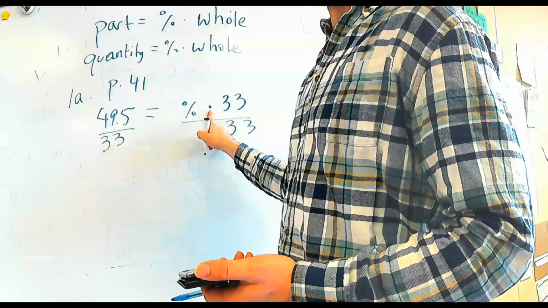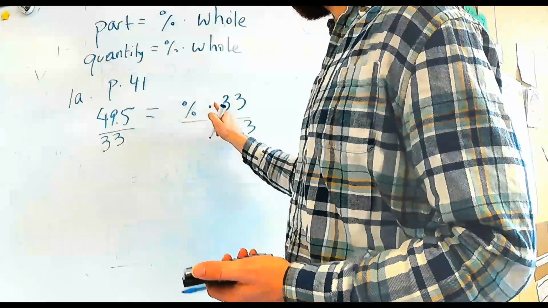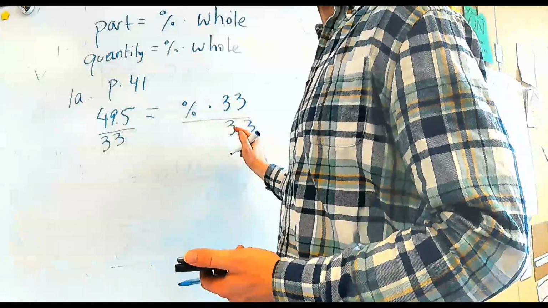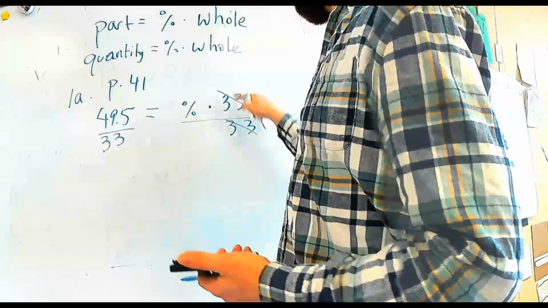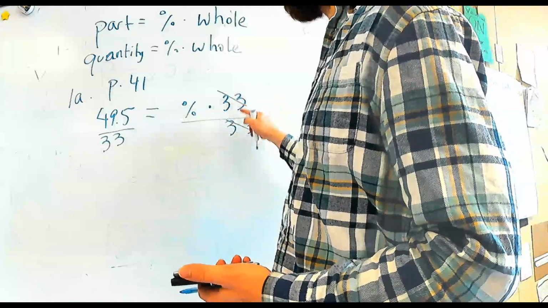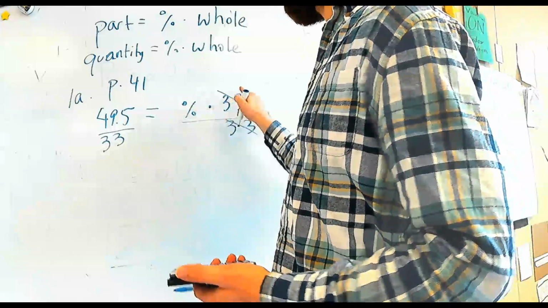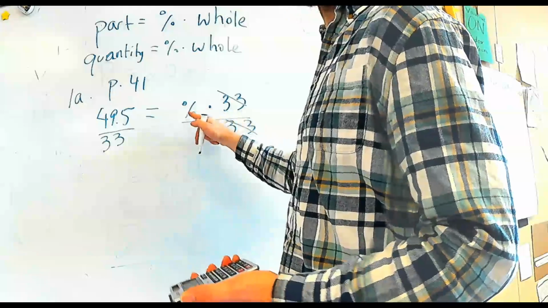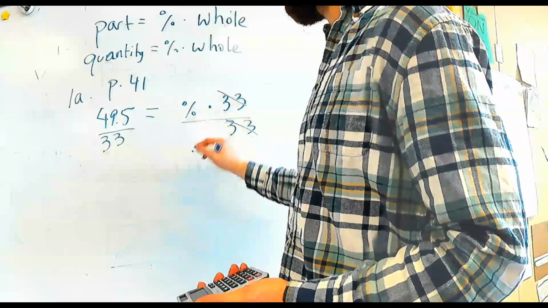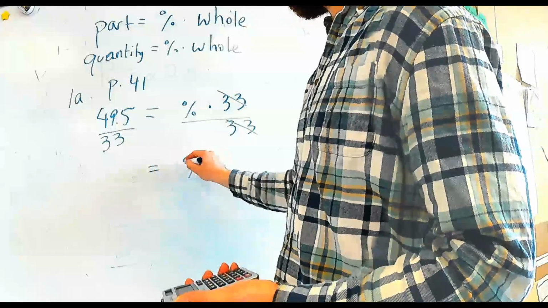If we're multiplying by 33 to get this variable, we need to divide by 33. That way, this becomes 1. 33 divided by 33 is 1. 1 times percent is just percent. So that equals the percent on this side.